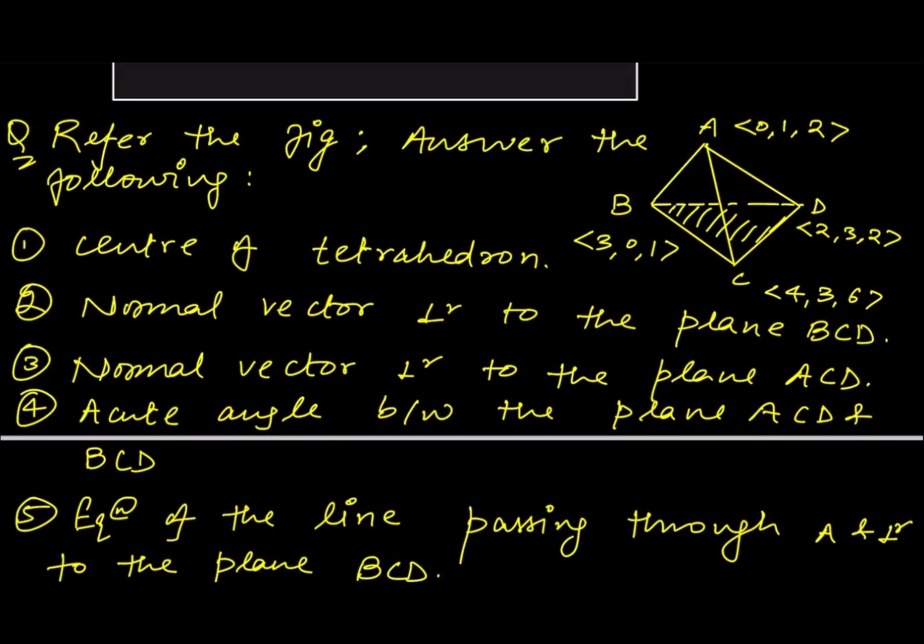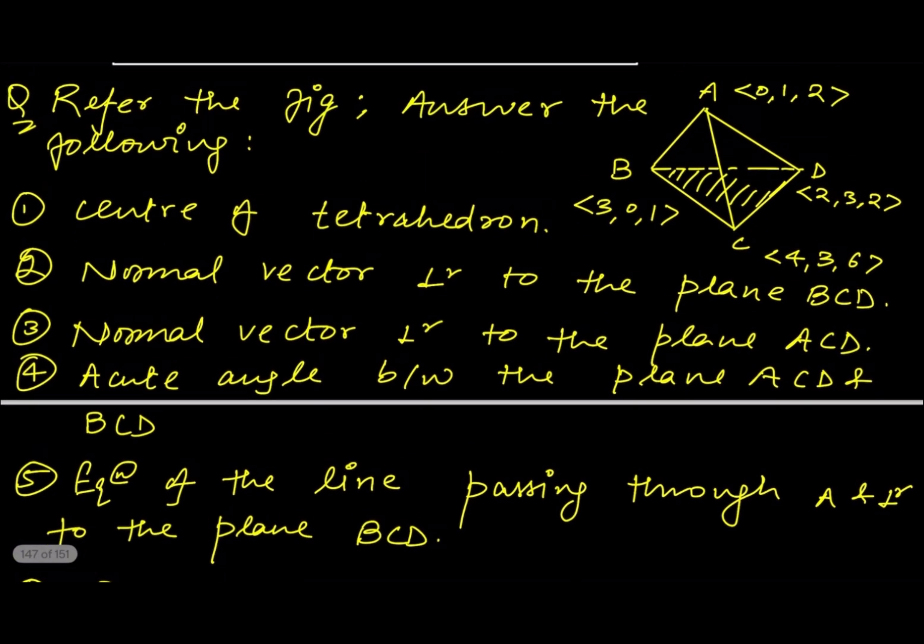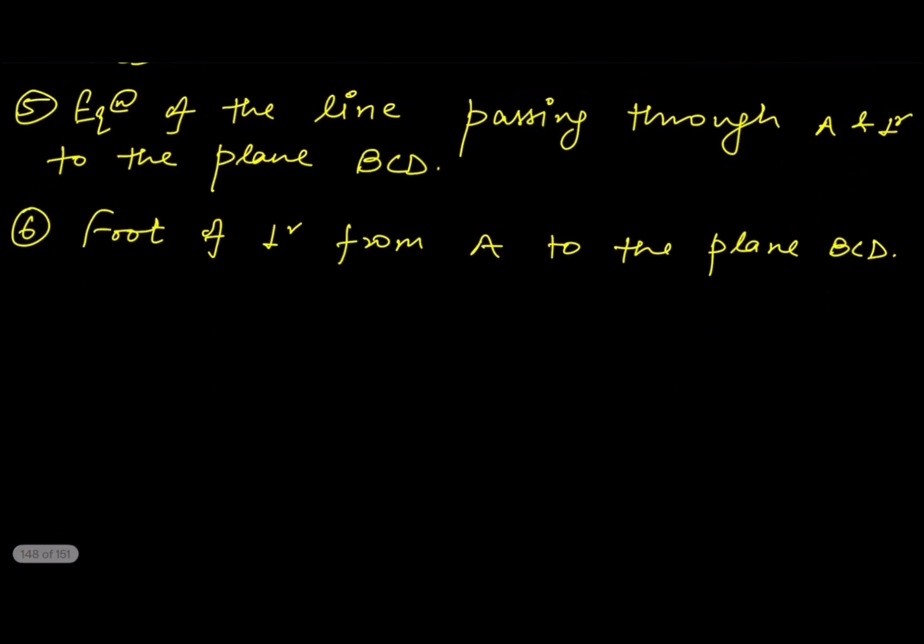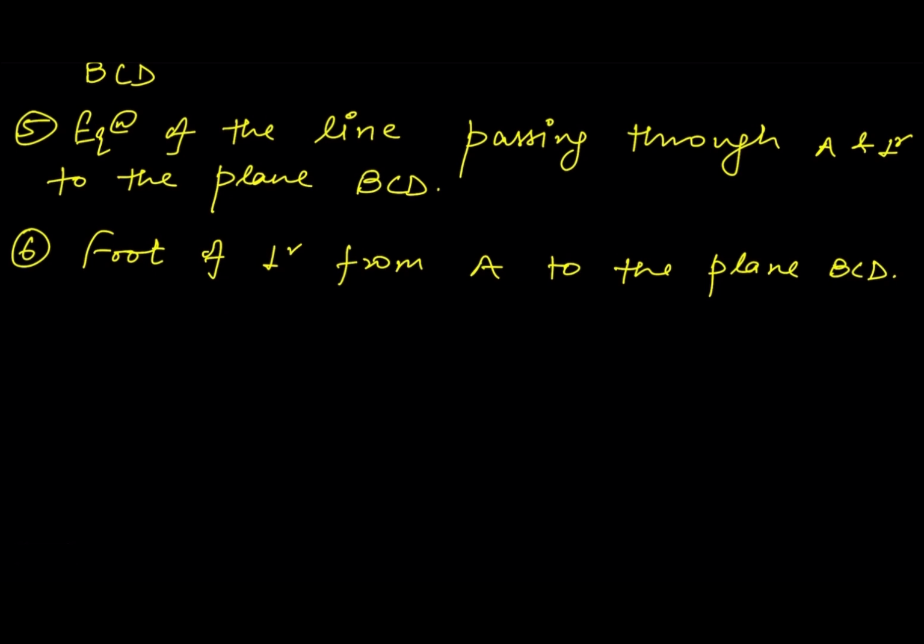First one is the center of the tetrahedron, and we know very well the center is nothing but the centroid of the tetrahedron, and we know what the centroid is. Centroid is A vector plus B vector plus C vector plus D vector by 4. So let us start.